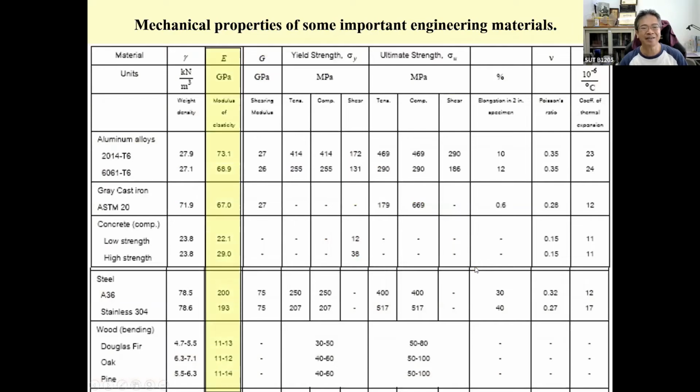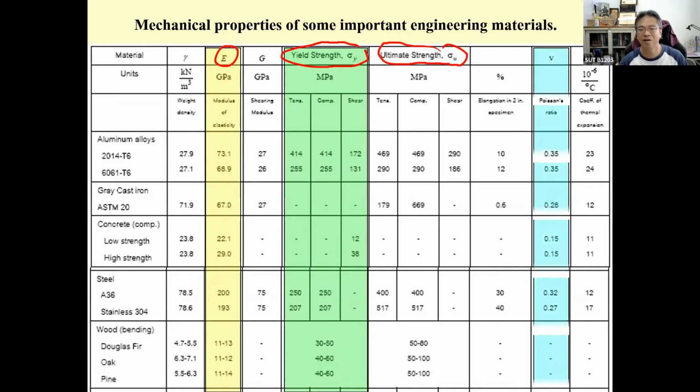And then there are some important properties: the modulus of elasticity, the yielding, and the last one you know about is the ultimate stress or strength. That is important, and they are specified in these three, the TIS.